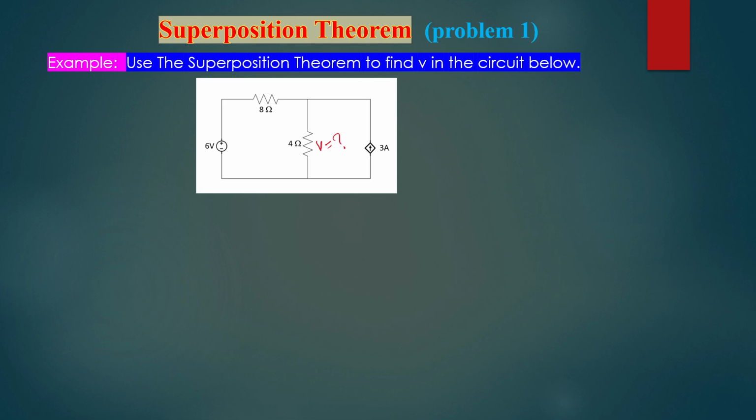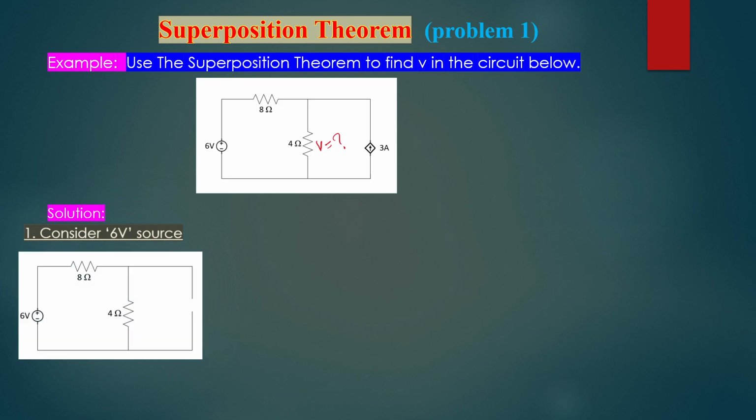By using the superposition theorem we have to calculate the voltage across the 4 ohm resistor. At first we will consider the 6 volt voltage source, and we'll remove the other 3 ampere source. So this is the circuit after removing the 3 ampere source.